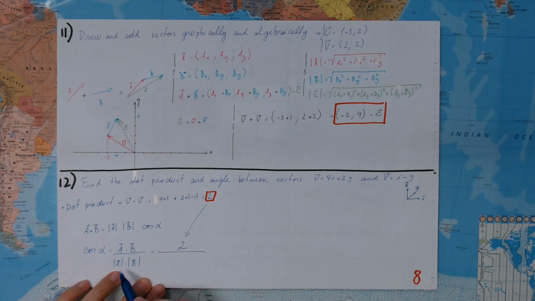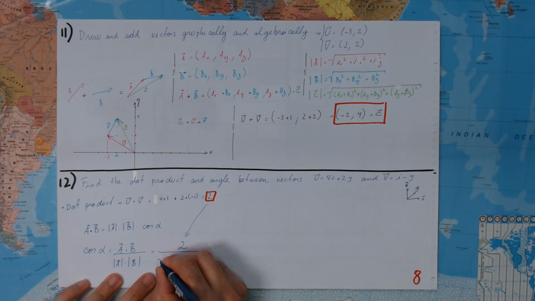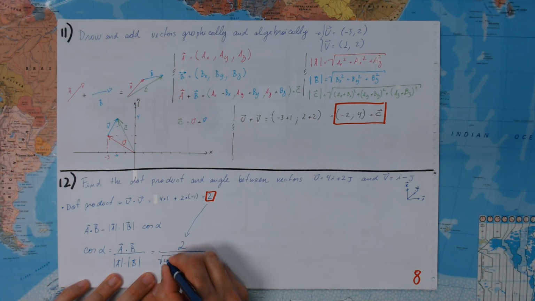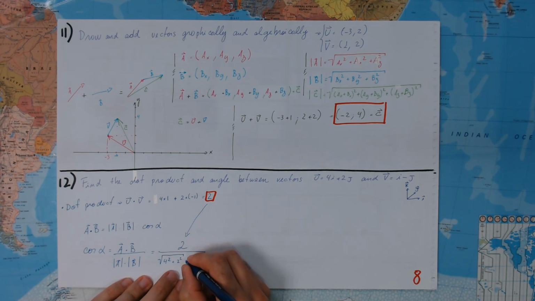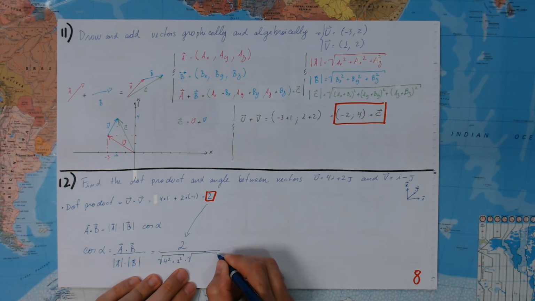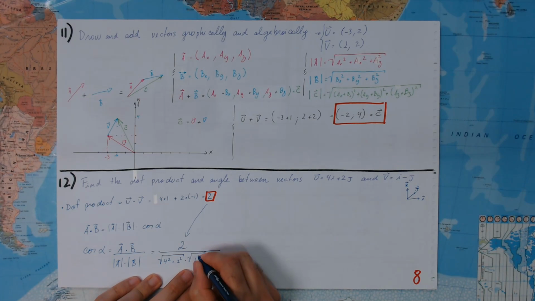Now the modulus for U is the square root of 4 squared plus 2 squared, multiplied by the modulus for the other vector, the square root of 1 squared plus 1 squared.